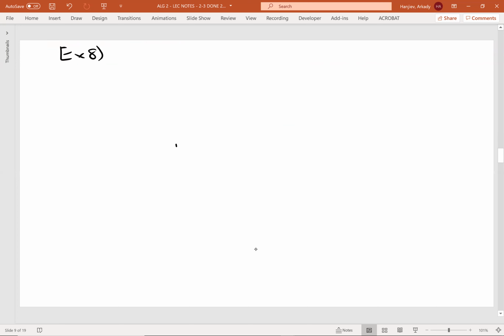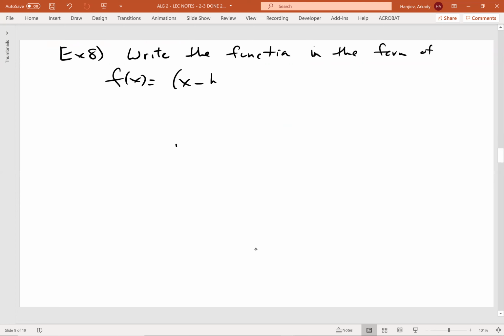So exercise number 8 says write the function in the form of k times q of x plus r. So all the different components here. So given k, I've got to give you k for that.